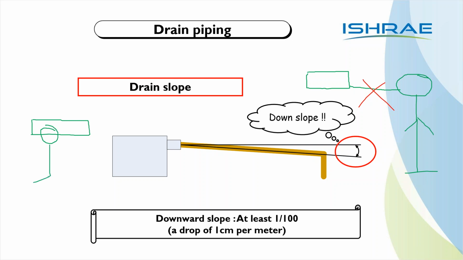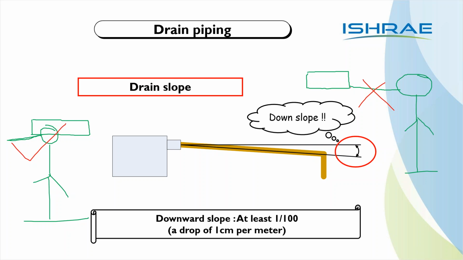You should be standing here, and then drill the hole in this manner. This is the right procedure, and this is the wrong procedure. You should always be at a higher level when you are drilling the hole, and not at a lower level or at the same level.